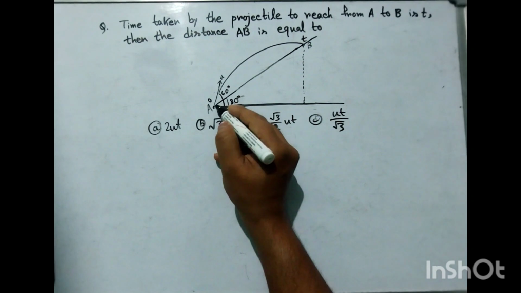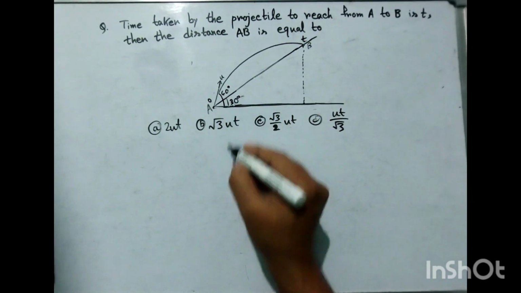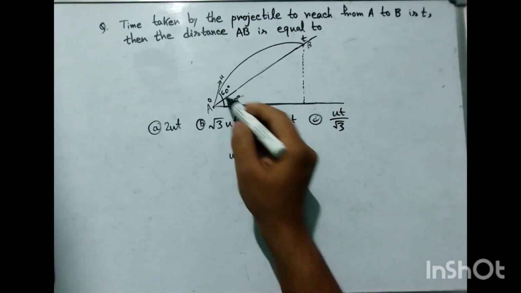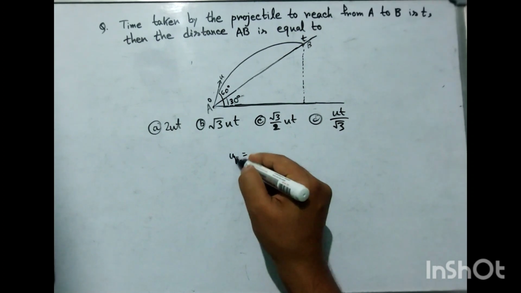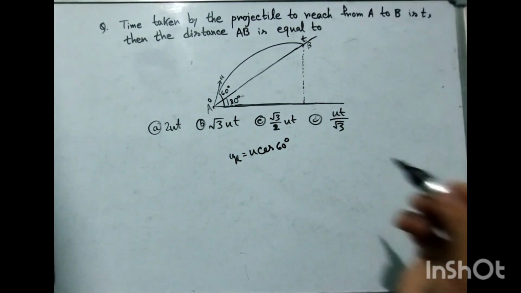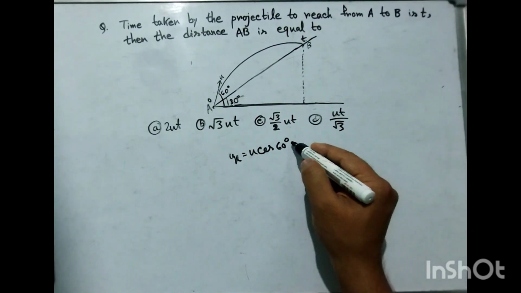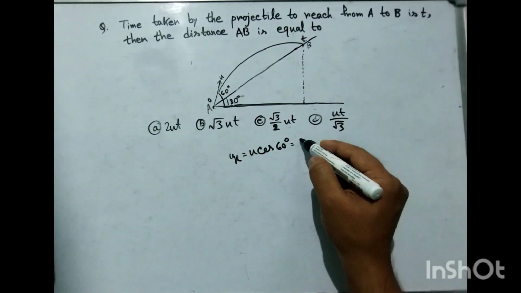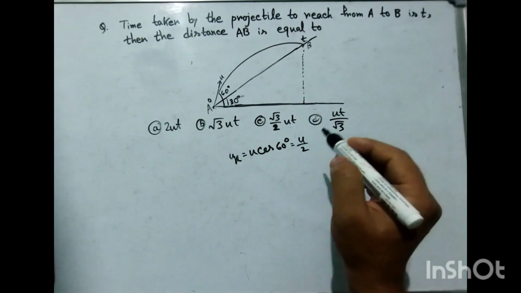Okay, so ux, the x component of the velocity, will be u cos 60 degrees, and cos 60 means half, so it will be u by 2.